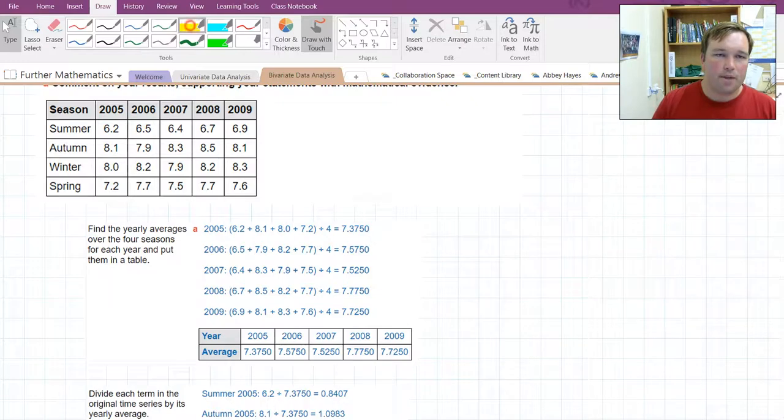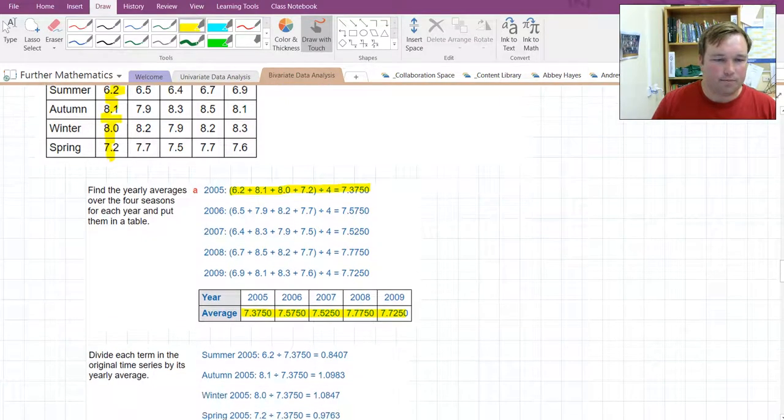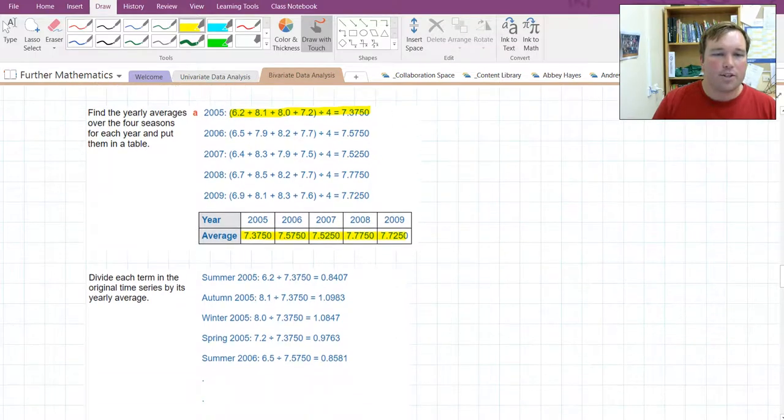So here, we're working out the averages for 2005, which is that there, and so on until we get the averages for all 4 of them. Time consuming, I'll show you how to do it in the calculator in a sec. Alright, so then what we do is we divide each term in this original series by its yearly average.